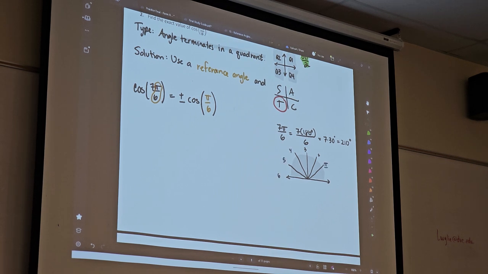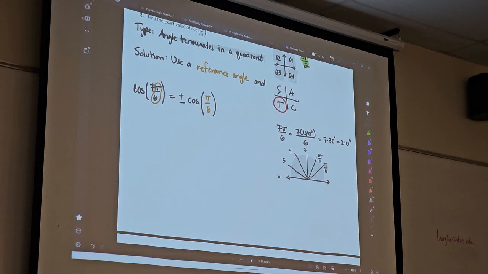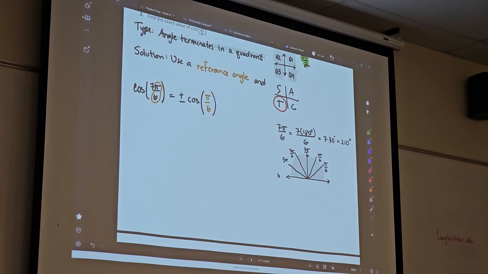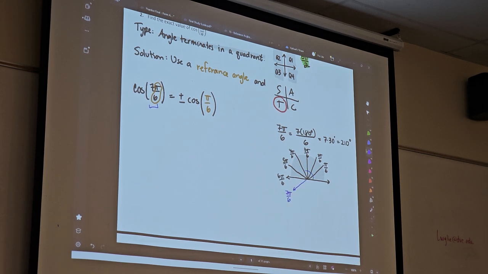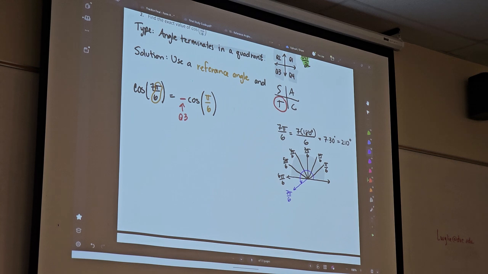These are all pi's over 6. 2 pi over 6, 3 pi over 6, 4, 5. 6 pi over 6 is a whole pi. 7 pi over 6 is that angle. That lands in quadrant 3. So, boom. This is negative cosine of pi over 6. Because I'm in quadrant 3.